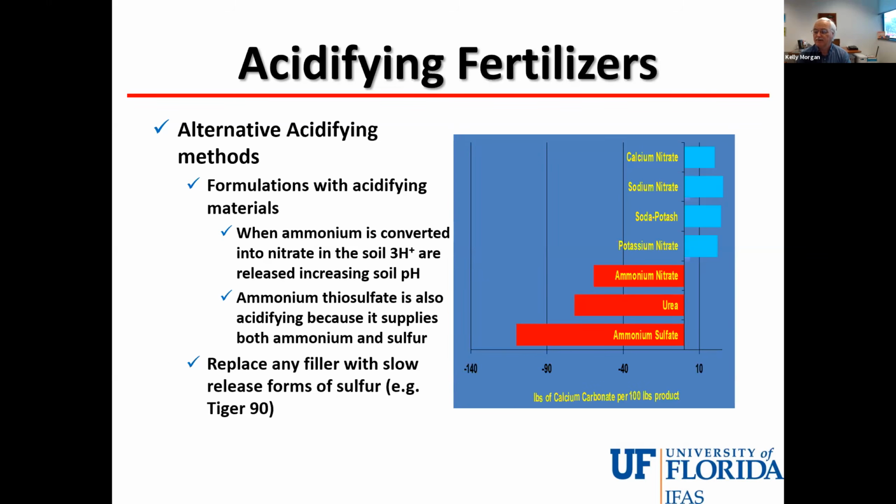Those all tend to increase soil pH. Ammonium nitrate, urea, ammonium sulfate, those all reduce soil pH. And you can see by the length of the bar, ammonium sulfate acidifies the soil much more than the other two.